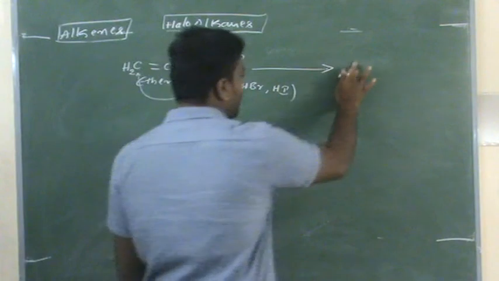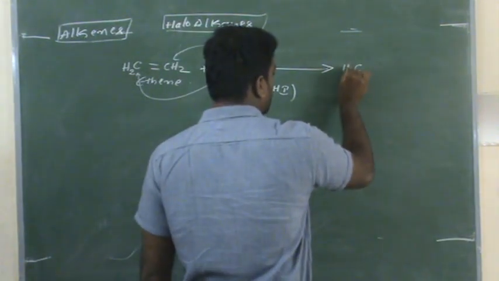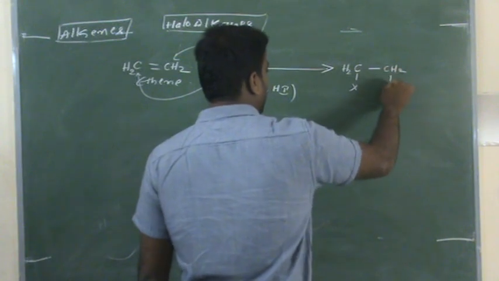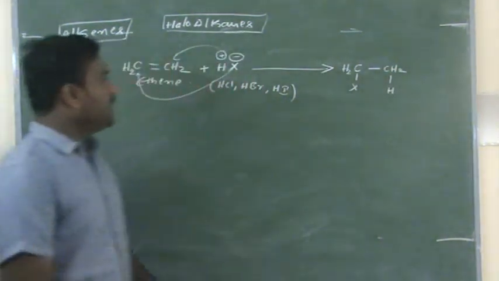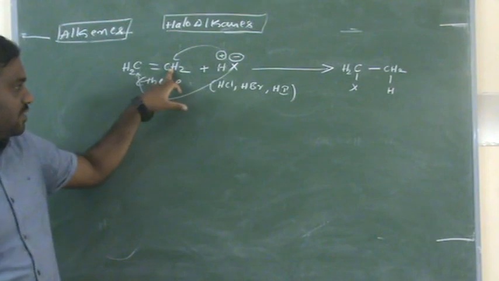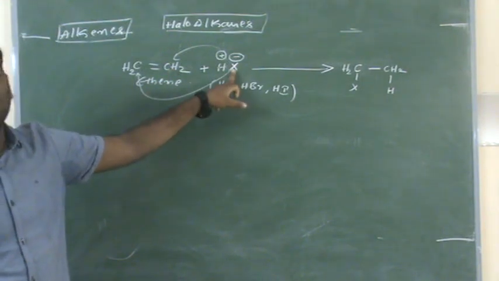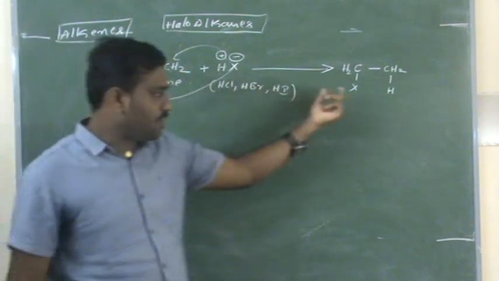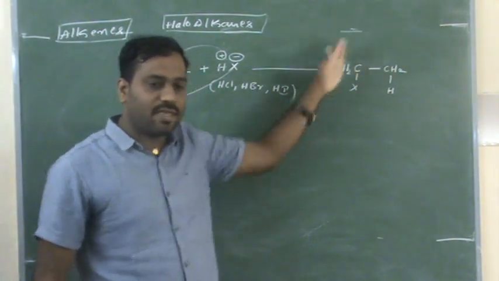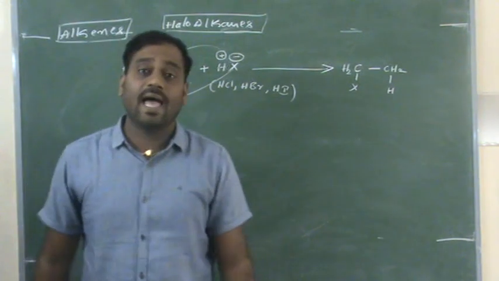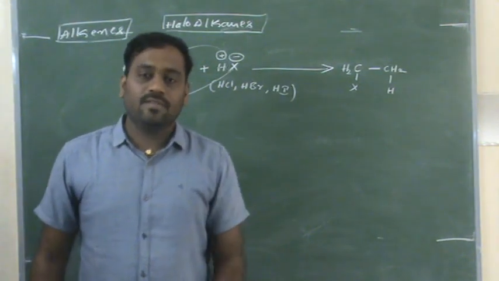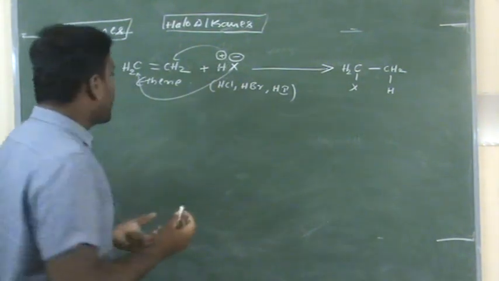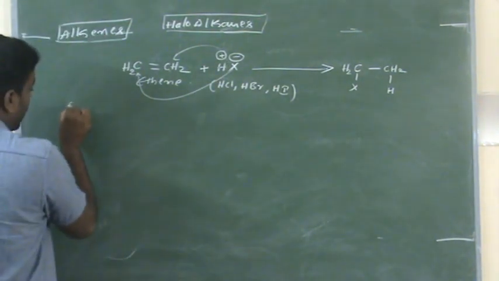Then it becomes CH2X-CH3: the hydrogen adds at this position, the X- at this position, and the corresponding product is this one. This is called an alkyl halide. Here is a very important thing, examples.